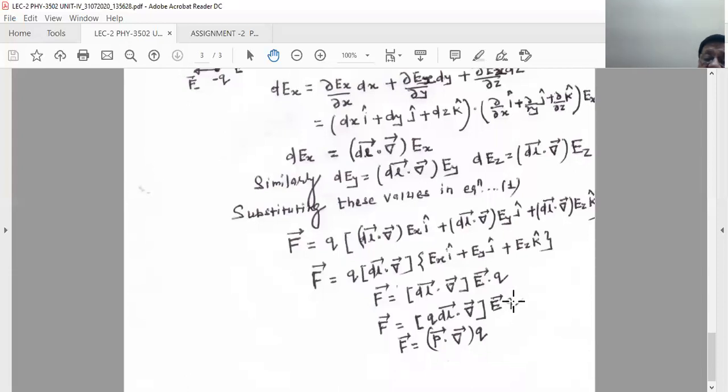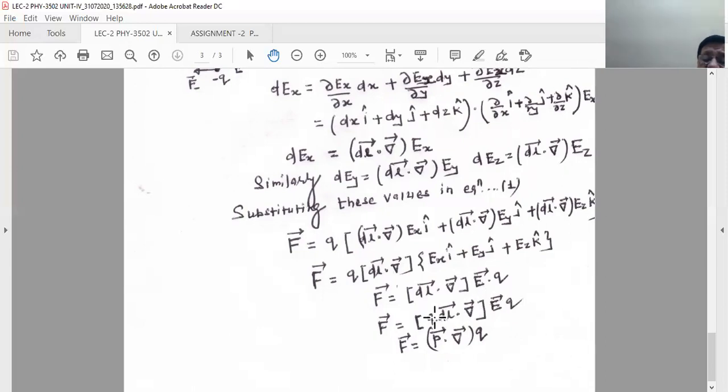This q you have to cancel, dear friends, because I have already taken q. So this is the vector E, right? Here you please write down P dot del. This is a small error which I have to rectify, that this q is already taken here.